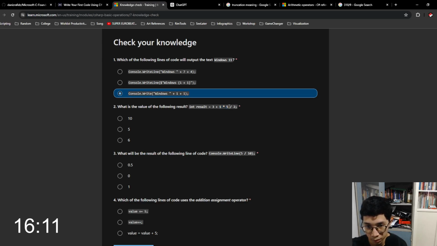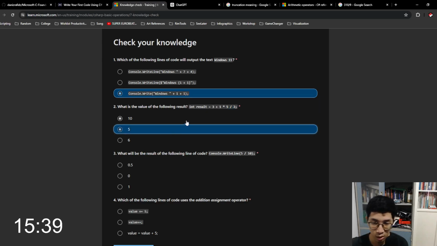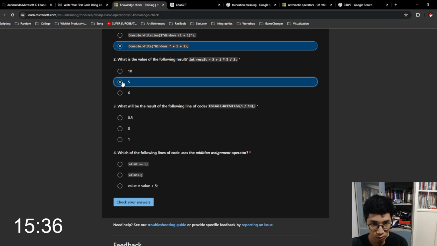One multiplied by 5 is 5. 5 divided by 2 is not 2.5 because this is an integer. So 2 is the correct answer because 5 divided by 2 has a remainder of 1, but the 1 is truncated. So 2 is the correct answer of this division. After that, 3 plus 2 is equal to 5. Okay, so 5 is the correct answer.